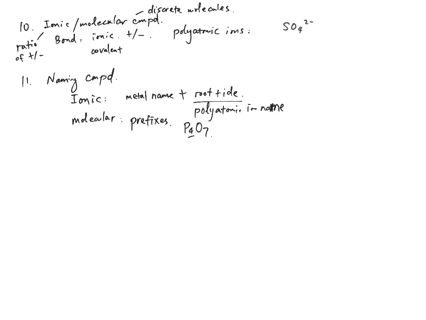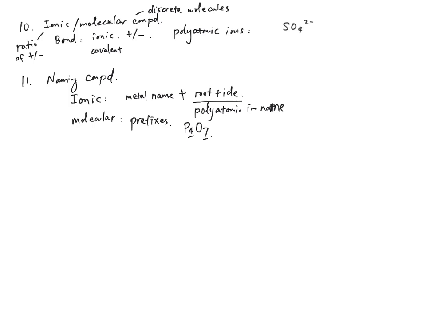Then hepta, because of the number, ox for the root, and -ide for the second element. So tetraphosphorus heptoxide. And given a particular ionic compound or molecular compound, can you name them?